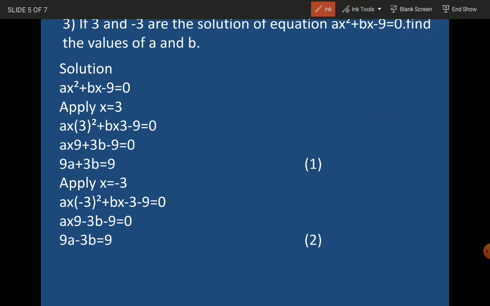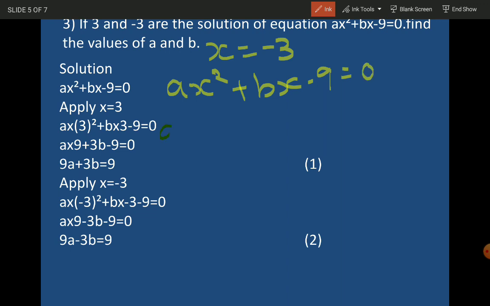Next, they are given x is minus 3, another solution. Now we apply this value in the equation ax square plus bx minus 9 equal to 0. For x value minus 3: a into minus 3 square plus b into minus 3 minus 9 equal to 0.